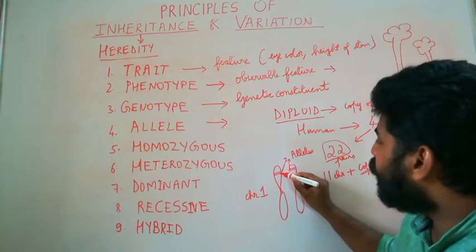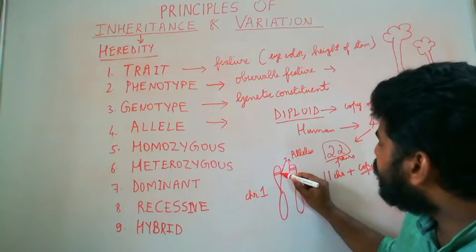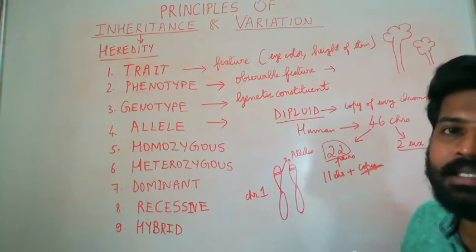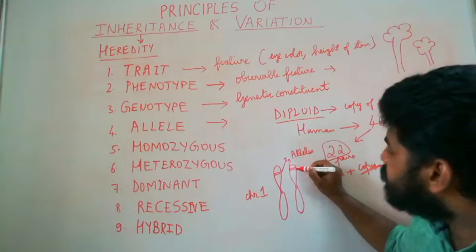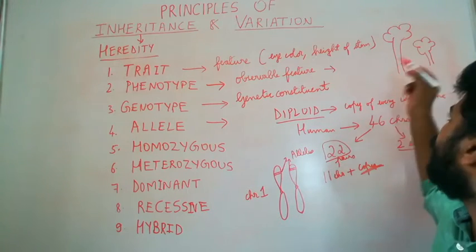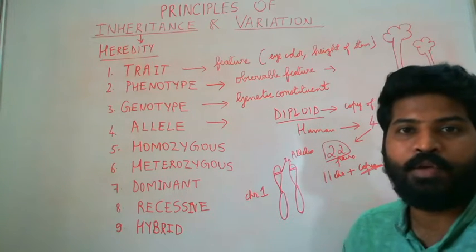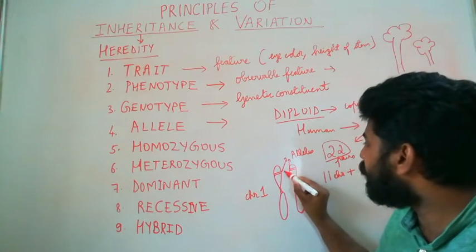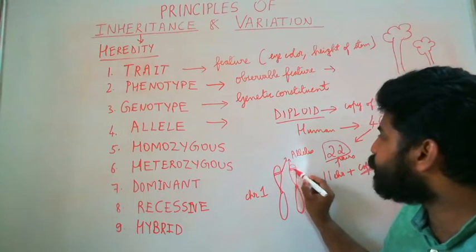One of the genes will be responsible for, let us say, tallness. Another gene will be responsible for dwarfness. So the contrasting features are present on the chromosomes.